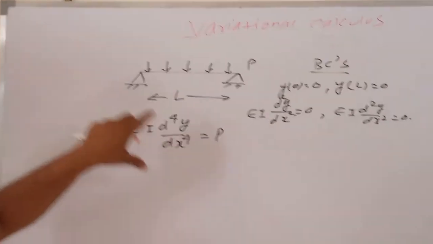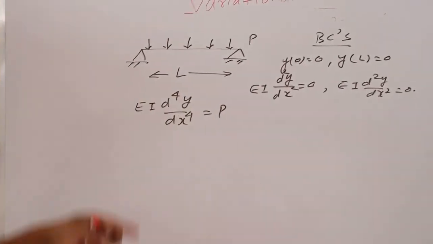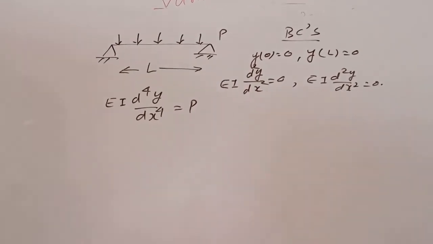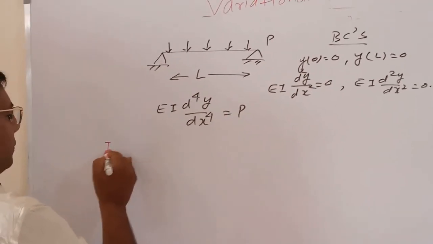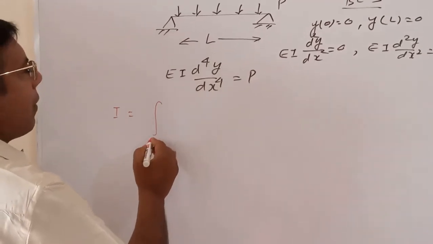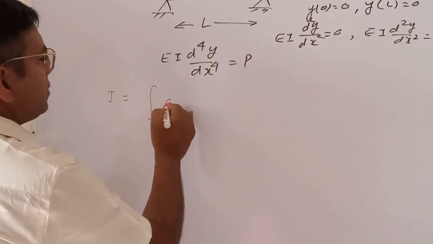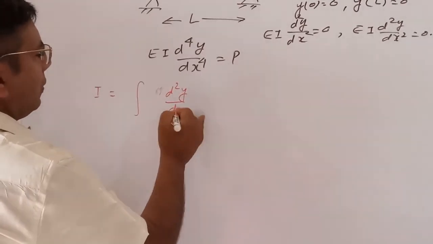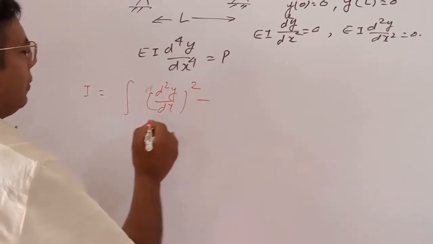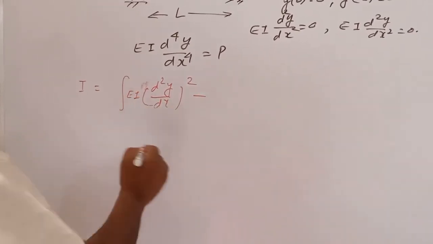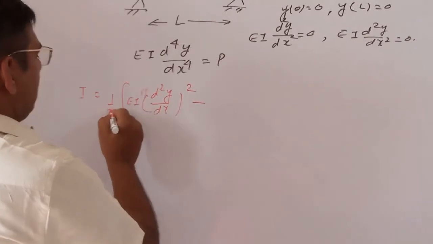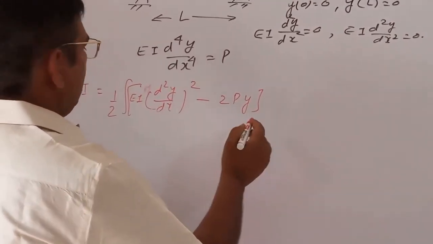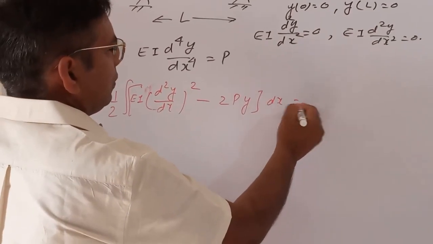So we can reduce it and write the same expression in the variational calculus form, and that will be equal to 0.